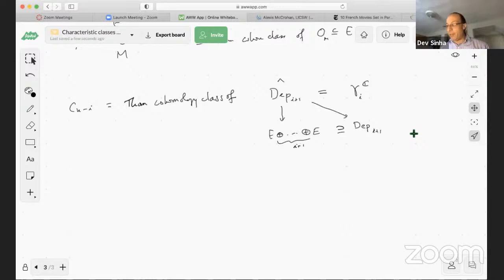Now I'm looking at the i-planes which are complex i-dimensional, so real 2i dimensions inside of real 2n dimensions, but complex i-dimensional subspaces in E. And then to take a point, one point on it would be the total space of that tautological bundle.